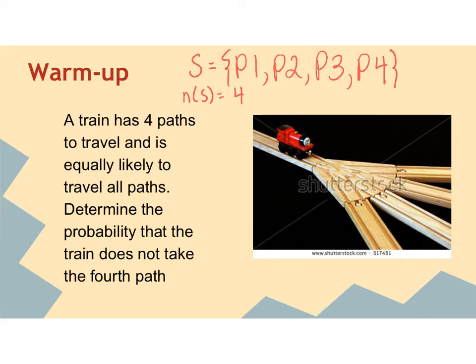Not taking the fourth path, we would call that A. So A is not the fourth. We're going to use different letters like A and B for different things, but the goal is to find the probability of not the fourth. The set A is everything but the fourth pathway, so pathway 1, pathway 2, and pathway 3.